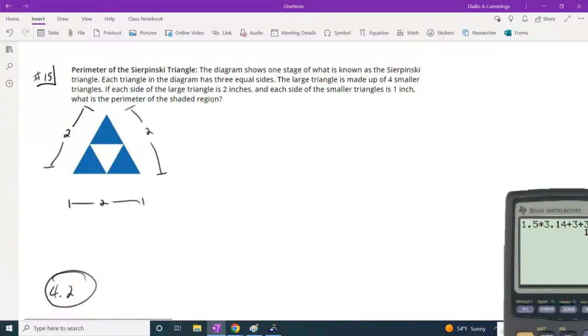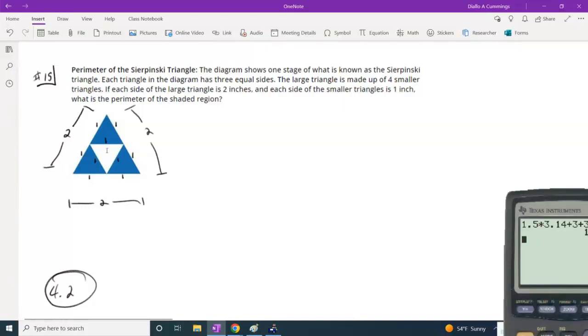What is the perimeter of the shaded region? So now this is what this question is asking for. Well, if the sides of the smaller triangle are 1 inch, that would mean that this is 1, this is 1, this is 1. Okay. All of these things are going to be 1.